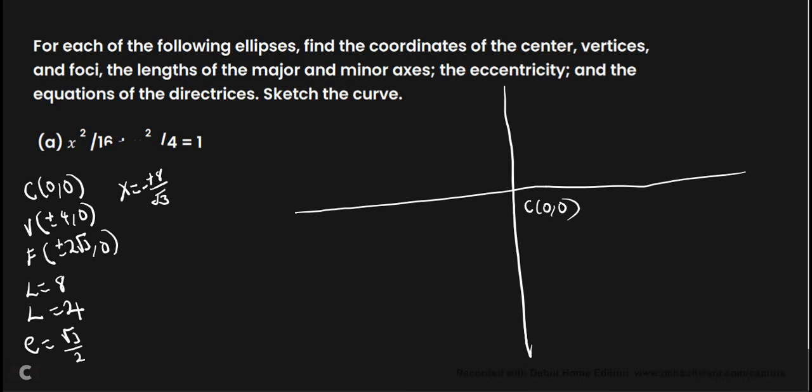The vertices, we had vertex 1, that is negative 4, 0. Another one is vertex 2, which is positive 4, 0. Then the other one is what we call the co-vertices, B.